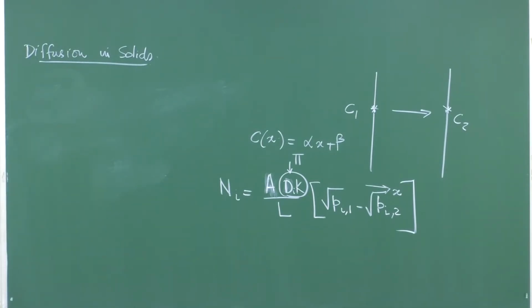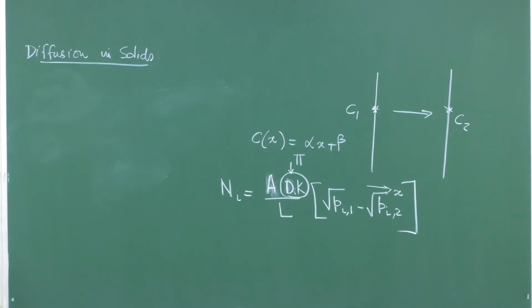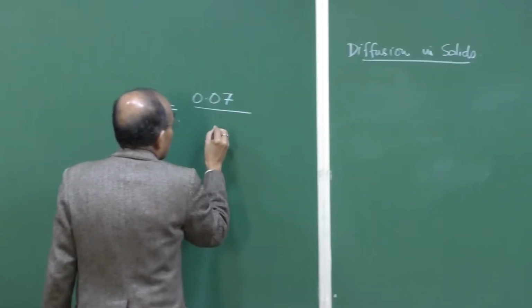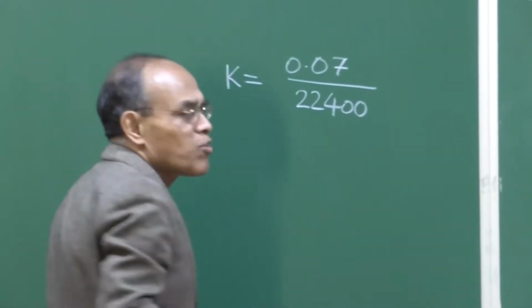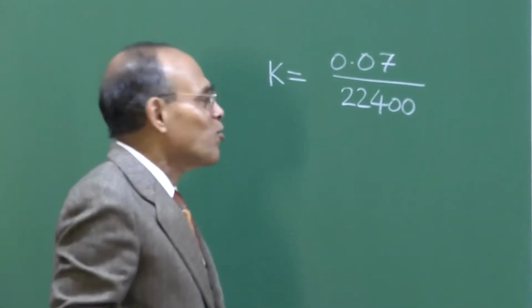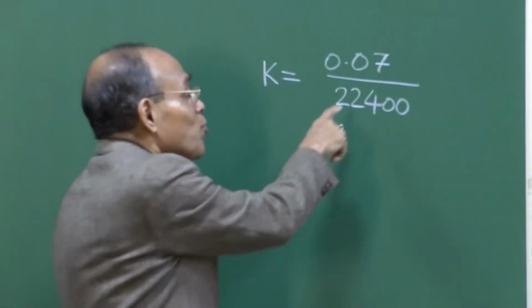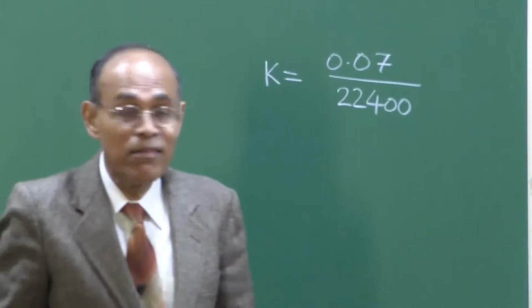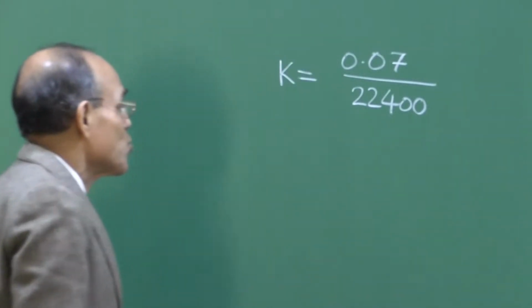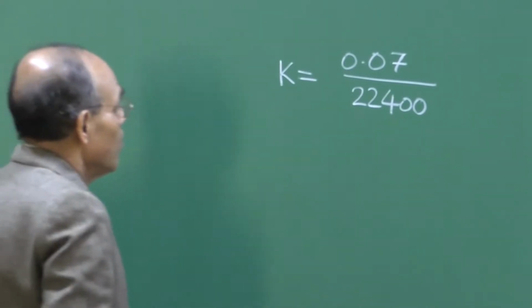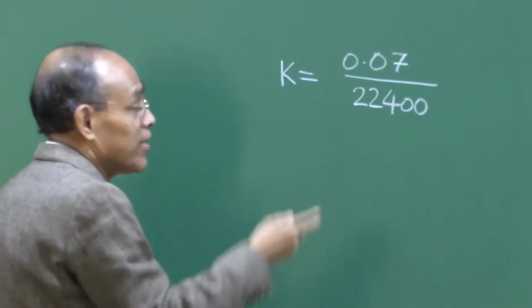So, k is equal to 0.07, and we multiply it by, if we apply the ideal gas law, we know that at NTP we have 22,400 cc corresponding to 1 gram mole, but this is STP.